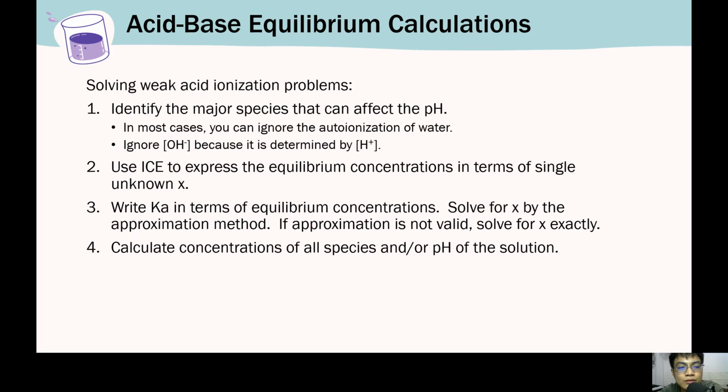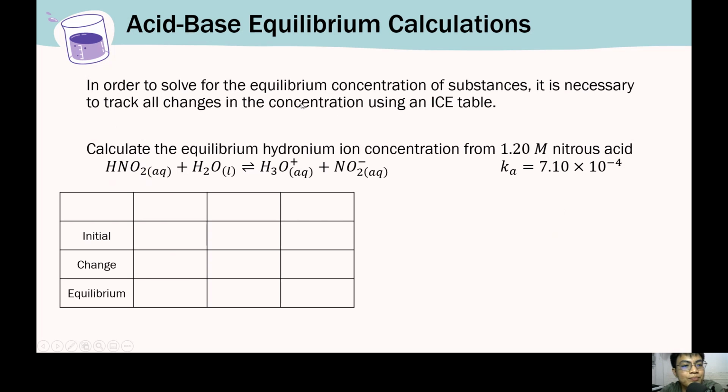We use an ice table to track all the changes in the concentration, and we use an unknown variable x to be the concentration that's missing, and then you just plug them into the equilibrium constant, then you get the value of x, diba? So ganun ginagawa natin. Let's just recall everything na so that in the following slides mas fresh na uli yung idea natin. Let me just show you one problem.